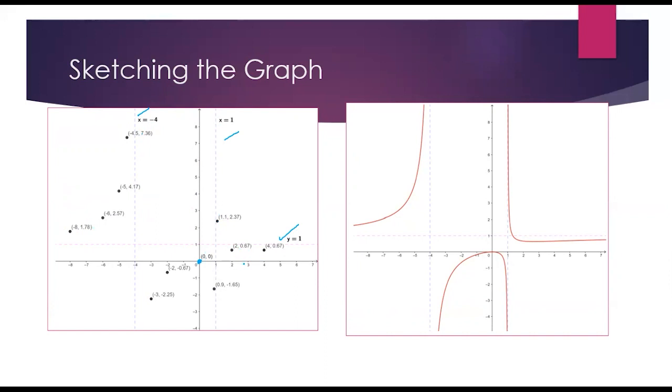Now, tracing the curve, take note that this one is your vertical asymptote, so the curve will just get closer and closer to this broken line, but it will not actually intersect this broken line.